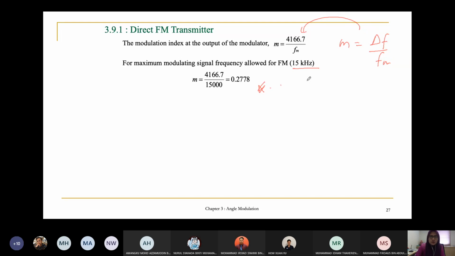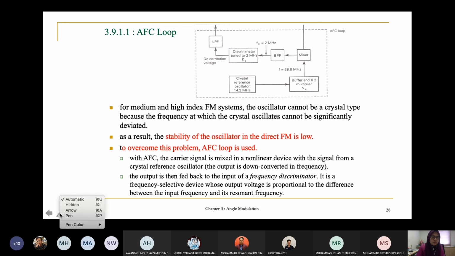Okay. So remember, for the direct FM transmitter, you have the AFC loop. This loop over here generates the FC, the carrier frequency, as one of the inputs to the modulator. But why do we need the AFC loop instead of having just a direct reference oscillator FC?